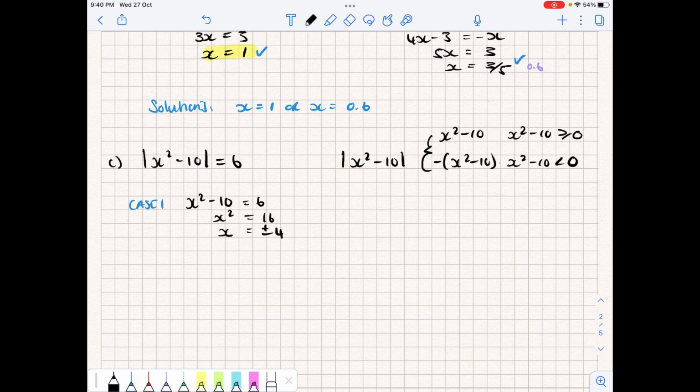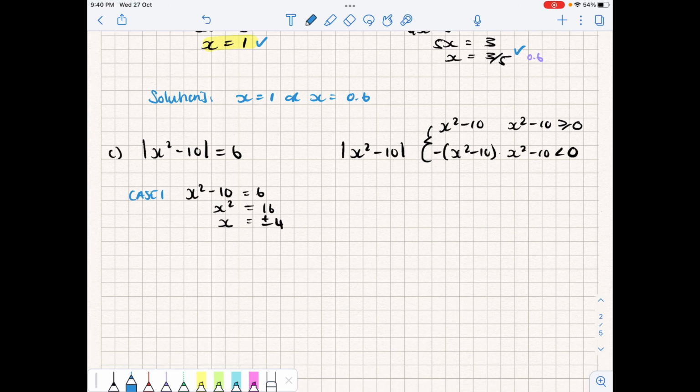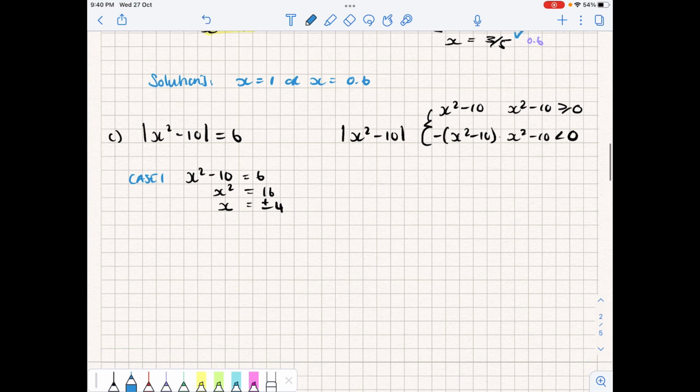I don't have a domain restriction to look at because I'm just going to pretend I don't know how to solve quadratic inequalities. So how do I check my solutions? Well, the simple answer is we put our solutions into the equation and check that they work. Both our values for x, whether positive or negative, are going to be squared, and they give us the same answer.